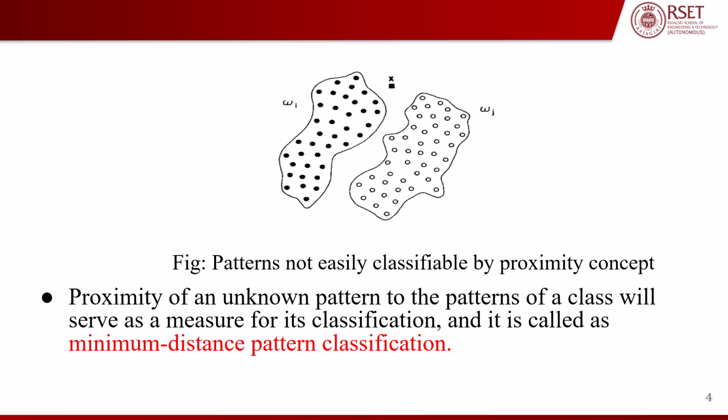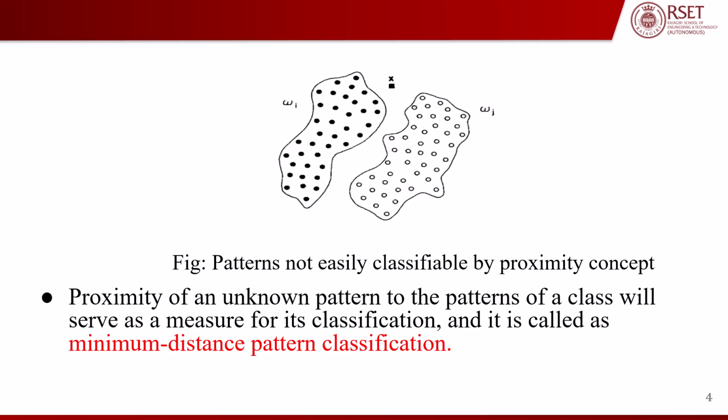A distance measure is also called a similarity measure or proximity measure. So what do we mean by proximity measure? It is the inverse of the distance measure. If a point is very far from another point, we can say that their proximity is very low.